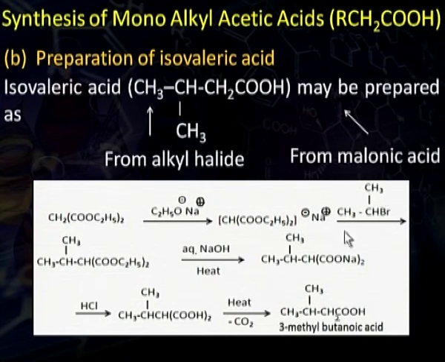This isopropyl group is substituted here and sodium bromide is removed, and this upon hydrolysis with sodium hydroxide forms sodium salt of dicarboxylic acid, and this upon acidification produces dicarboxylic acid and upon heating produces isovaleric acid.